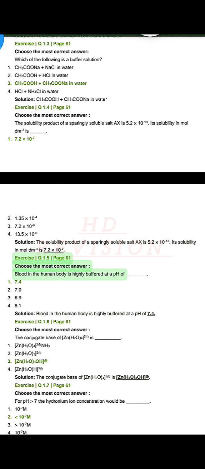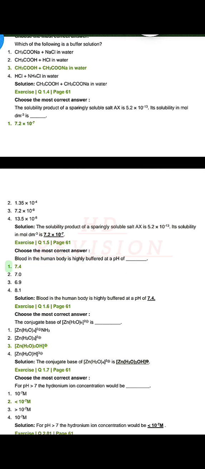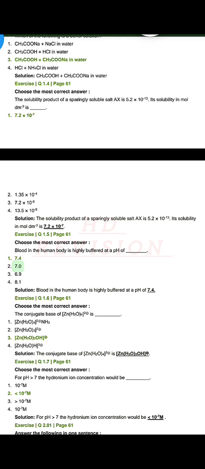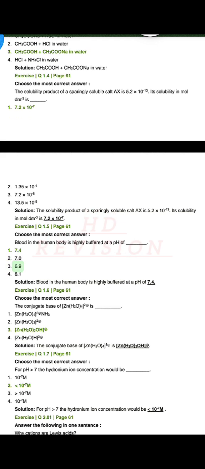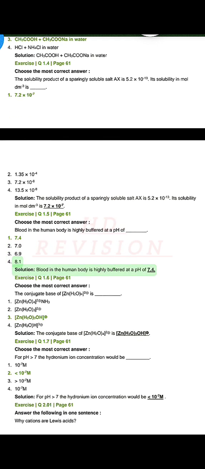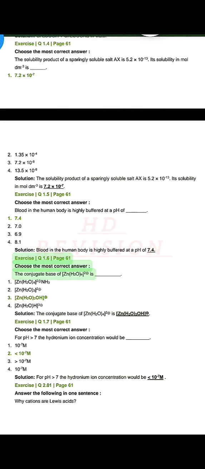Exercise Q1.5 page 61. Choose the most correct answer. Blood in the human body is highly buffered at a pH of: 1. 7.4. 2. 7.0. 3. 6.9. 4. 8.1. Solution. Blood in the human body is highly buffered at a pH of 7.4. Exercise Q1.6 page 61.